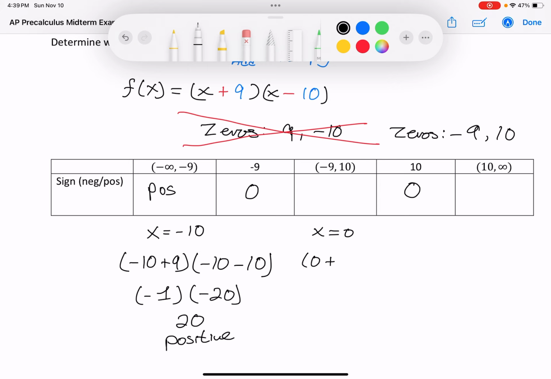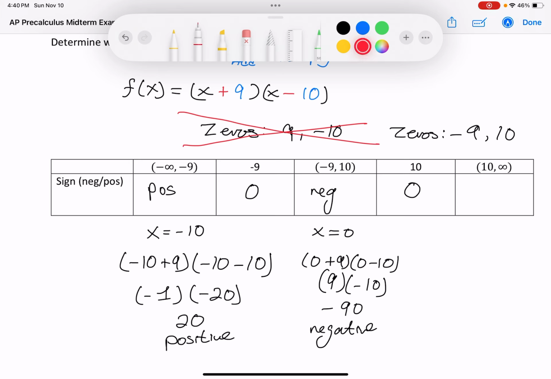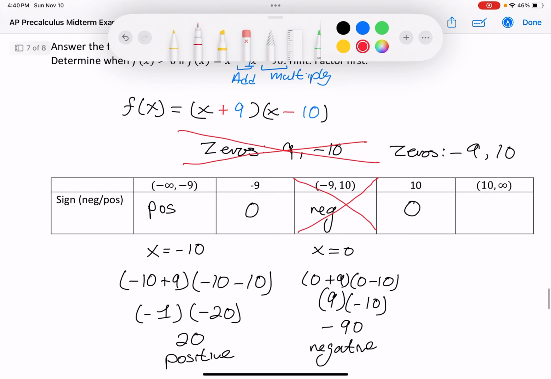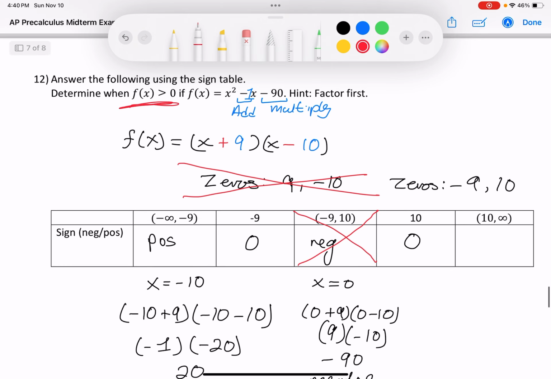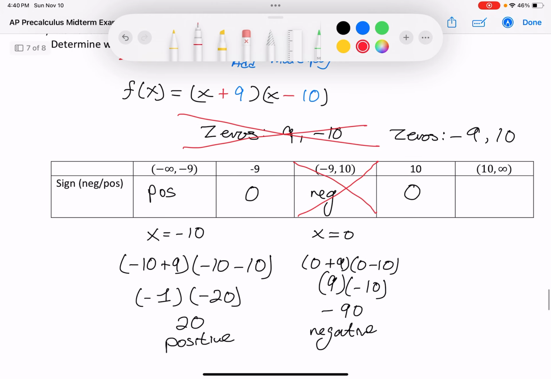So 0 plus 9 times 0 minus 10. 9 times negative 10 is negative 90. That is negative, which means this interval does not satisfy the criteria because we want to find out where the function is greater than 0. Negative numbers are less than 0.